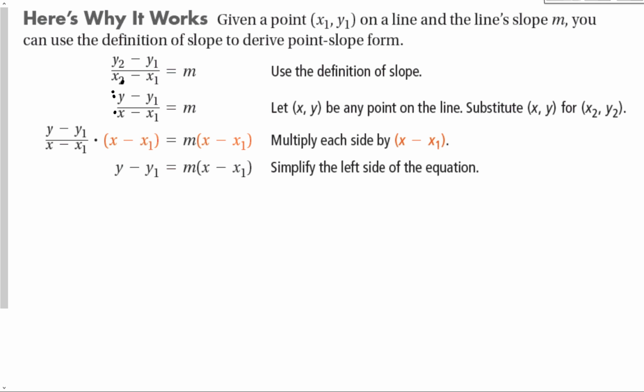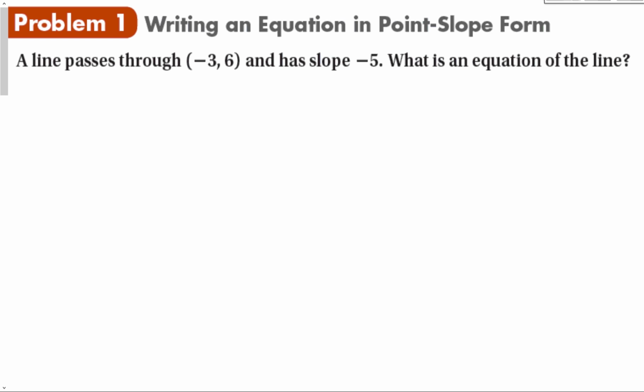So let x, y be any point on the line, and we substitute x, y for x2, y2. Now all we have to do is multiply both sides by the denominator, x minus x1, and we have our formula for point slope.